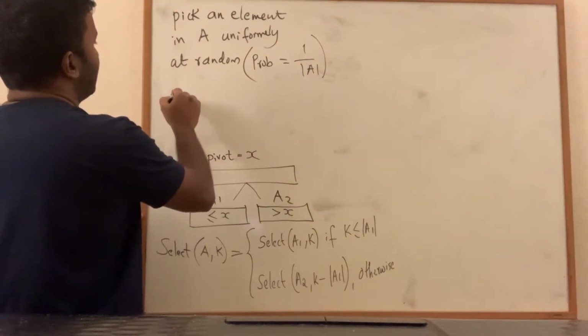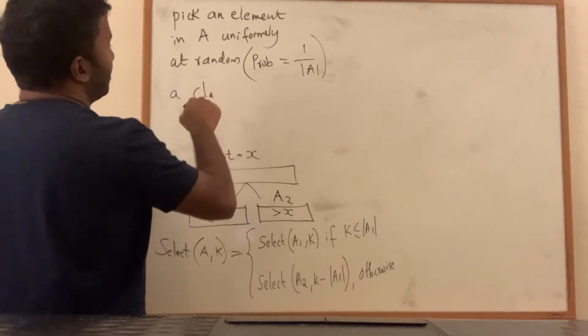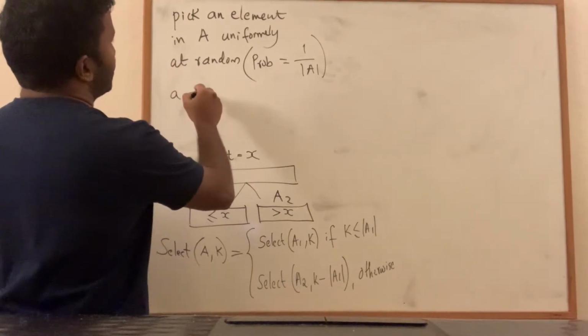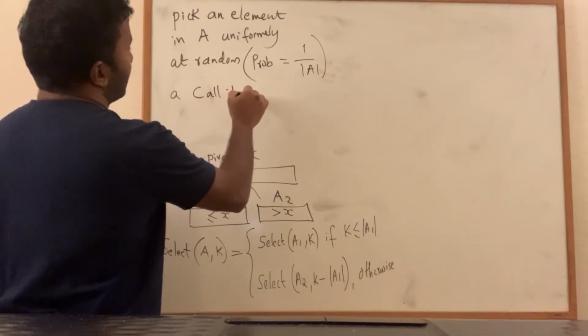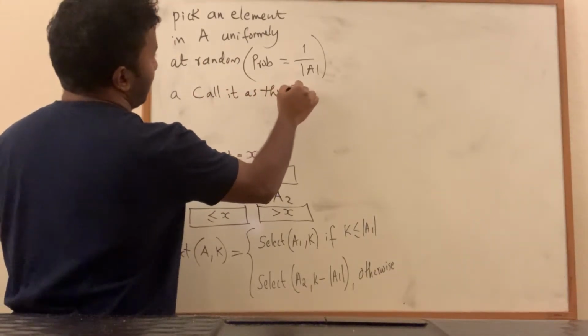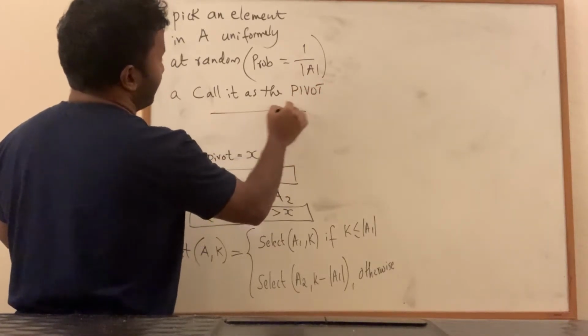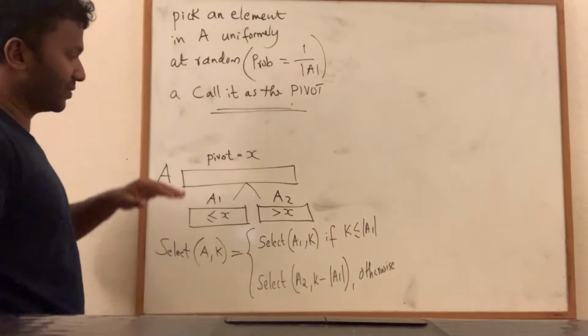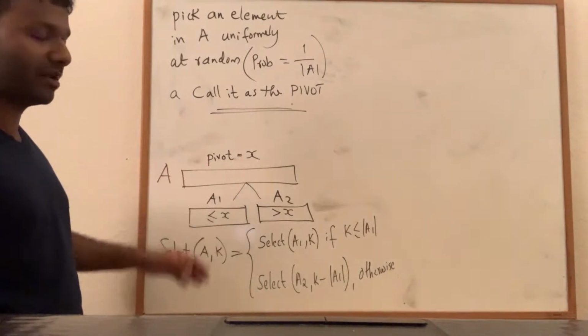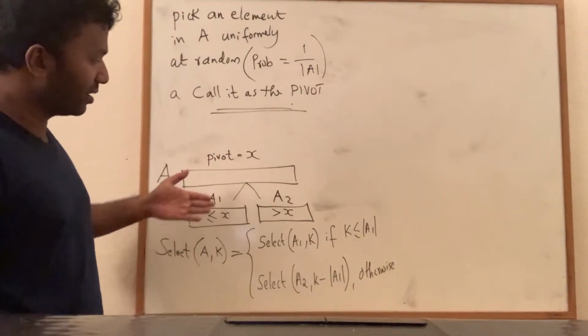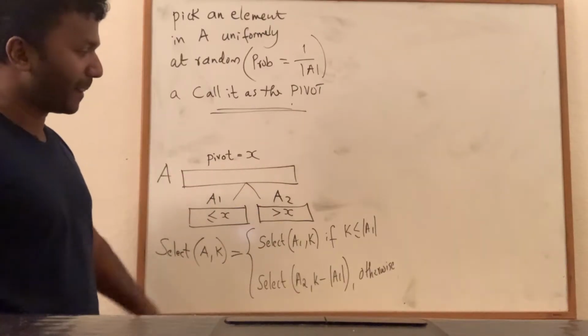Choose it and call it the pivot. That's it. So the algorithm is as simple as that. You just pick a random element and keep doing the regular stuff.